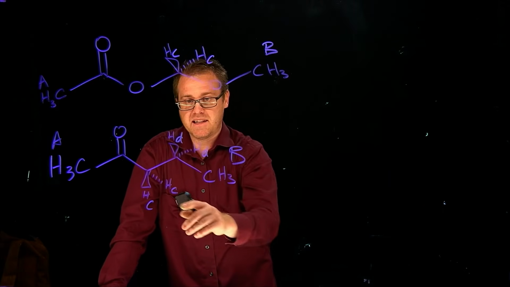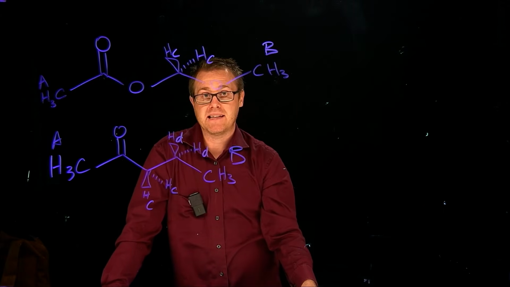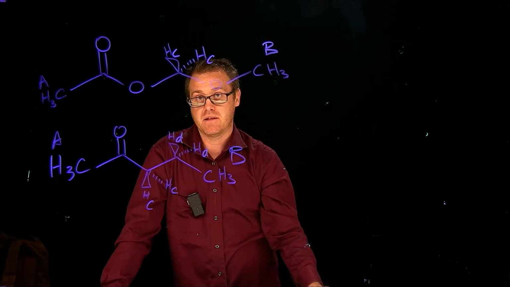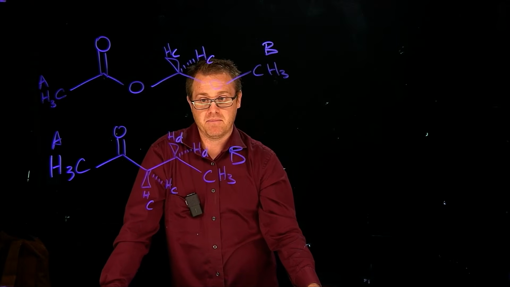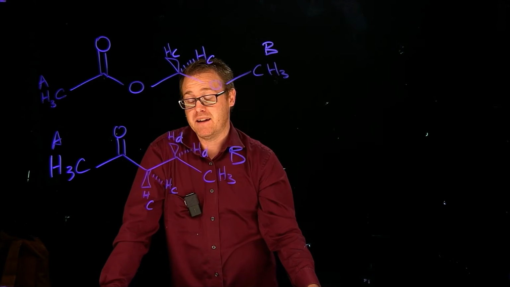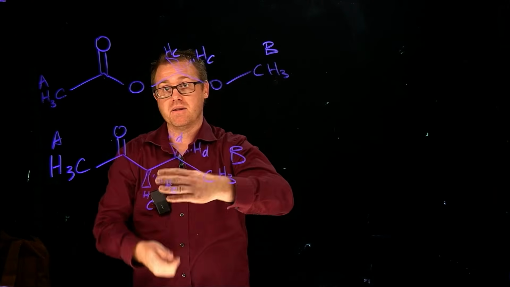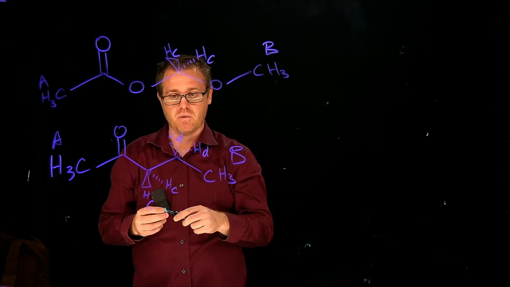But HD and HC, why are those not the same? Because if you did the replacement test, you'll see that they're going to be constitutional isomers, and you won't find a plane of symmetry amongst C and D. Doesn't matter how you rotate these bonds or try to find planes, it's just not going to work.